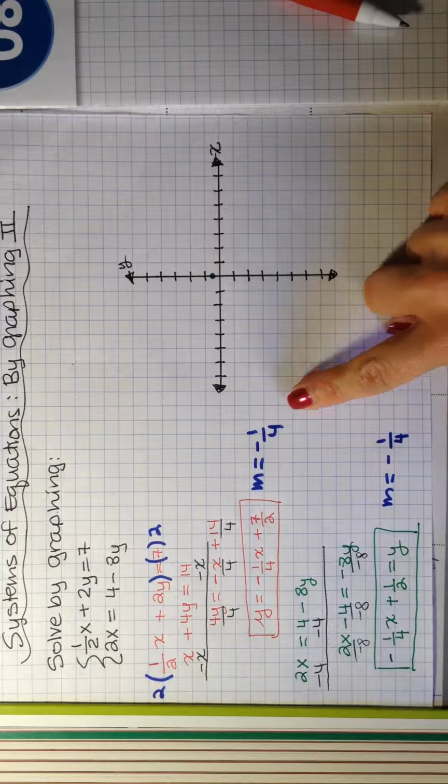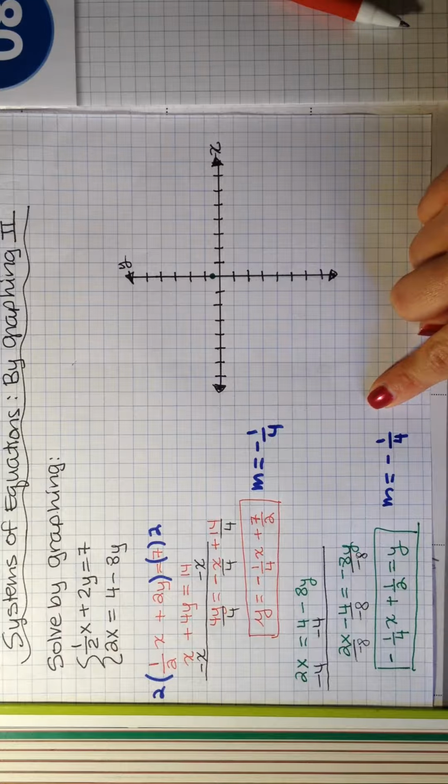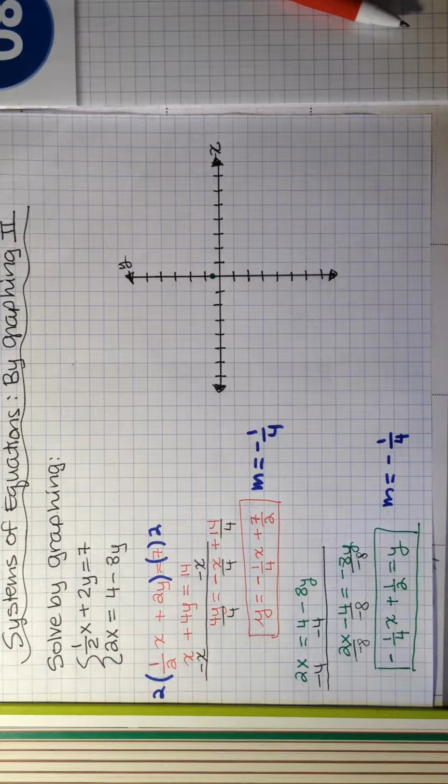So when two lines have the same slope and different y-intercepts, it means that the two lines are parallel. If the two lines are parallel, they are never going to cross. If the lines never cross or intersect, then there is no solution. And so when you solve for y, if you notice this type of a situation, your answer is going to be no solution, or we can also say inconsistent.